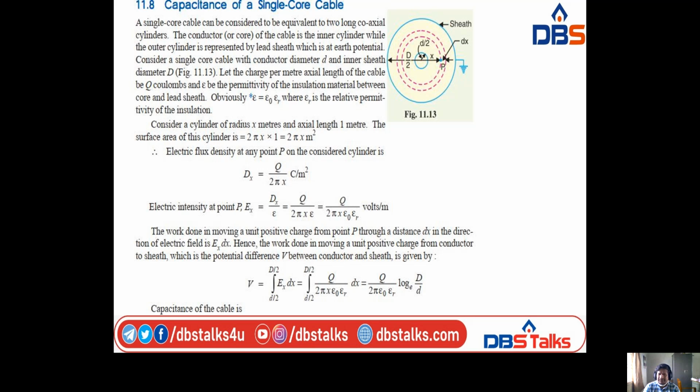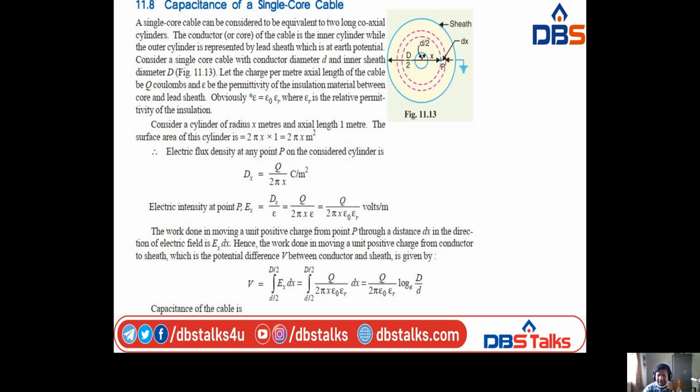The surface area of the cylinder is 2 pi x L, and taking L as 1 meter, it is 2 pi x square meters. The electric flux density at point P is Dx equal to charge by area, that is Q by 2 pi x coulomb per meter square.